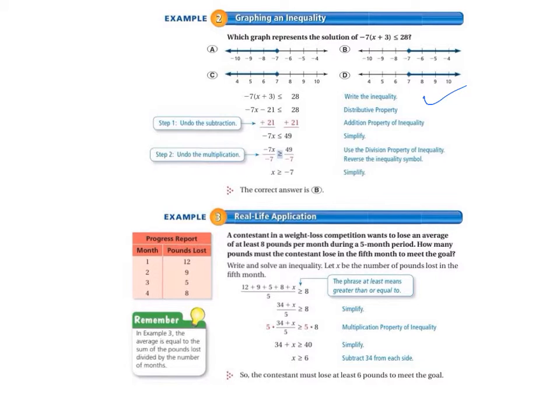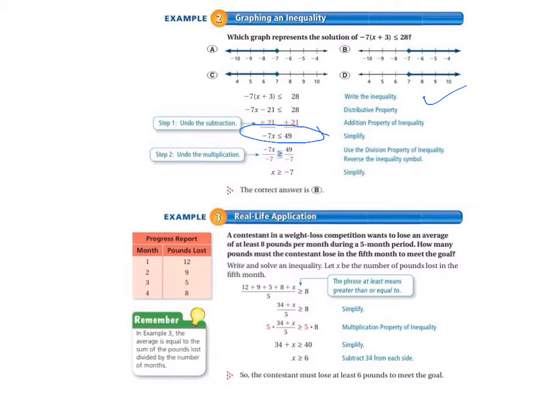And we use the addition property of inequality. So we undo the subtraction of the 21, so we add 21 to both sides, and when we simplify that, it comes out to negative 7x is less than or equal to 49. And then we have to get that x all by itself, so we divide both sides by negative 7.